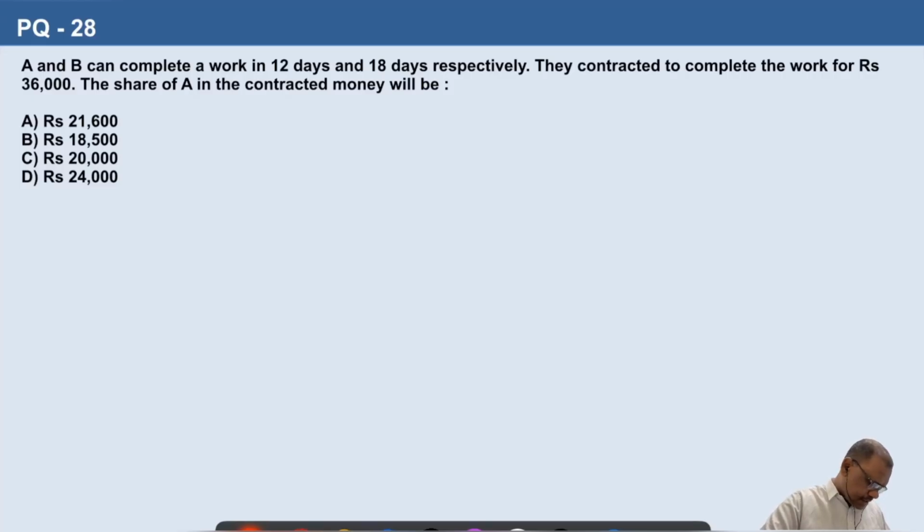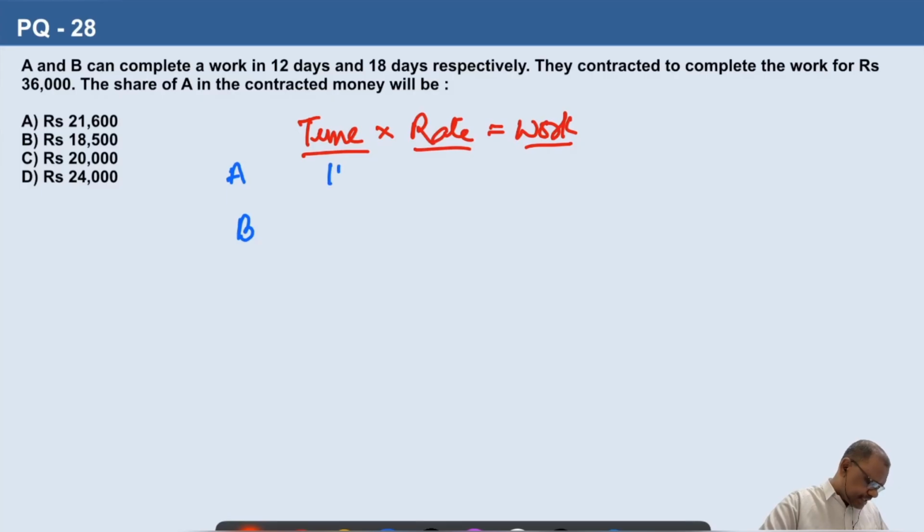So write down the formula here, time into rate is equals to work. So two people are there, A and B. A can complete in 12 days, B in 18 days.